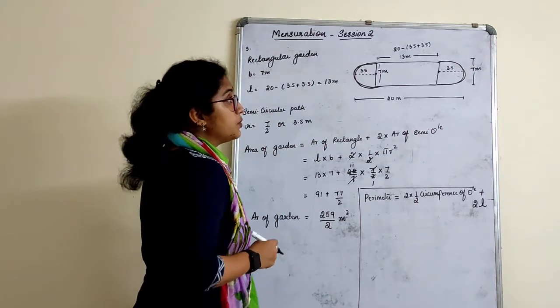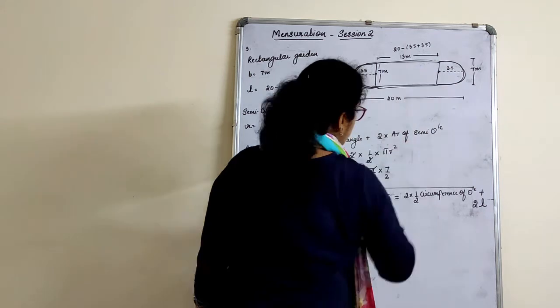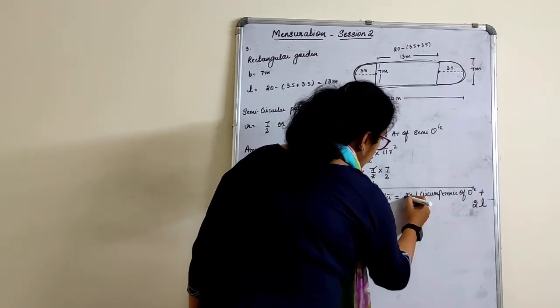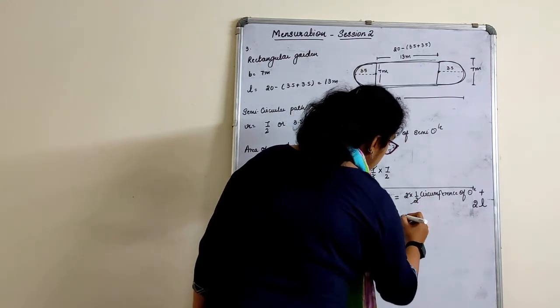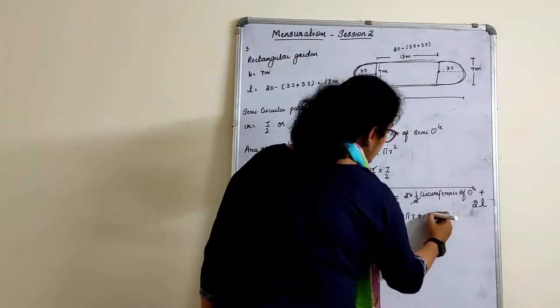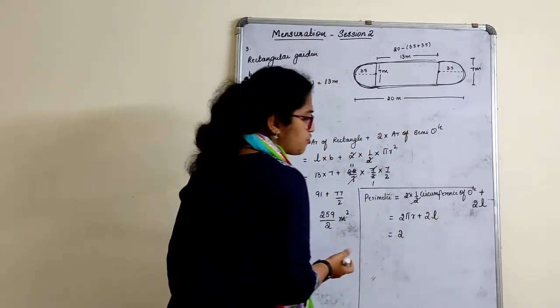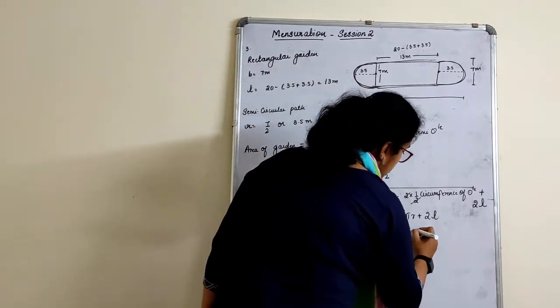Be very careful in doing this. Only outer part, this part and this part will come. So 2 and 2 will get cancelled. Circumference of circle is 2 pi r plus 2l. You want, take 2 common. Always try to make it very simple.